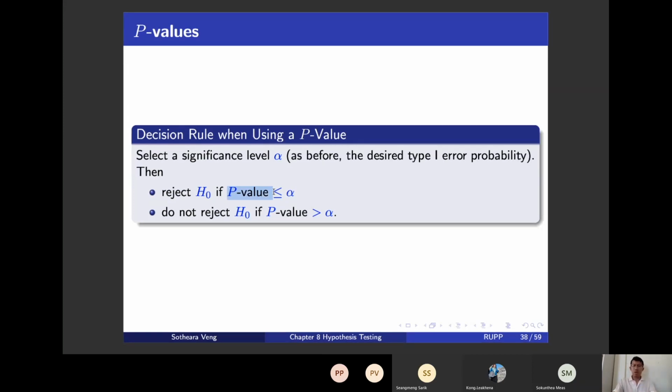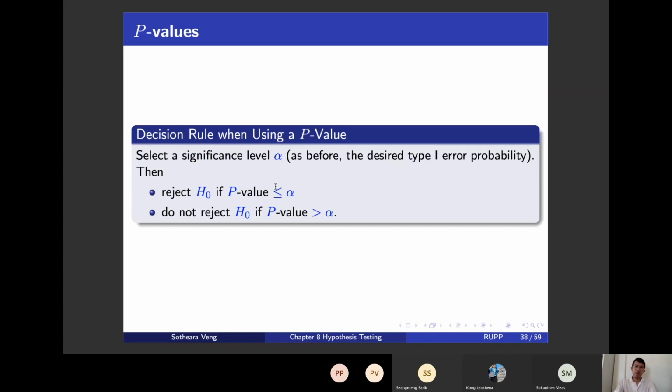Why do we need p-value? Because the code I gave you a while ago doesn't involve p-value, but only the critical value. You have to compare the test value with the critical value to decide whether to reject or not reject the null hypothesis.